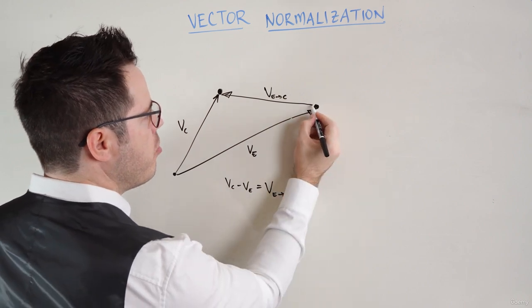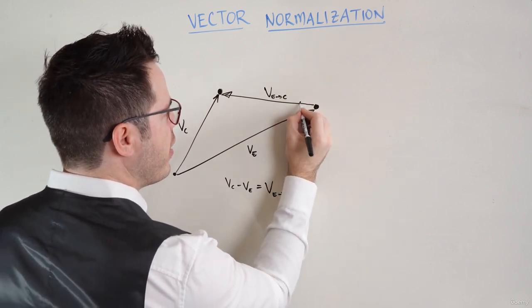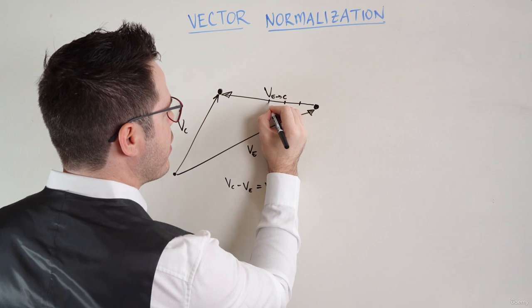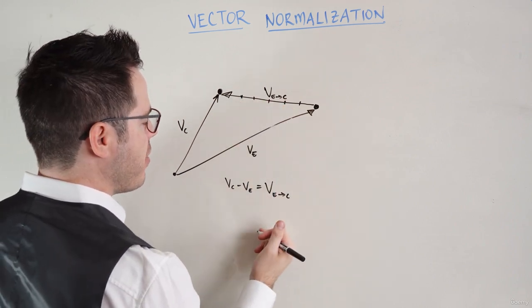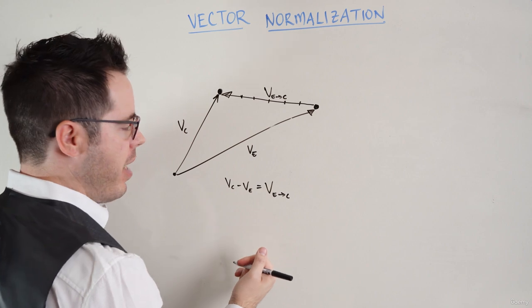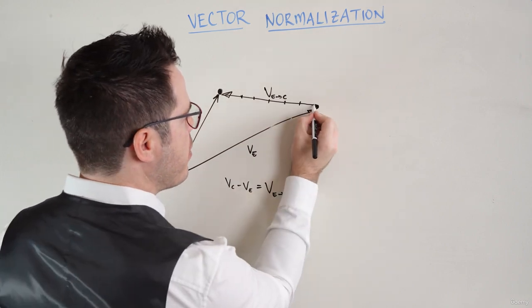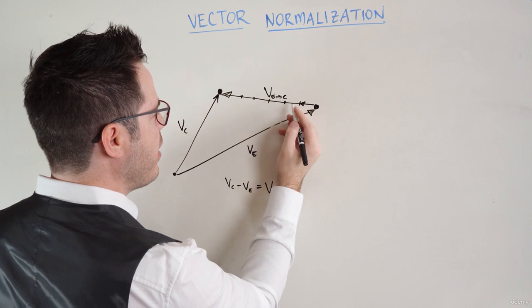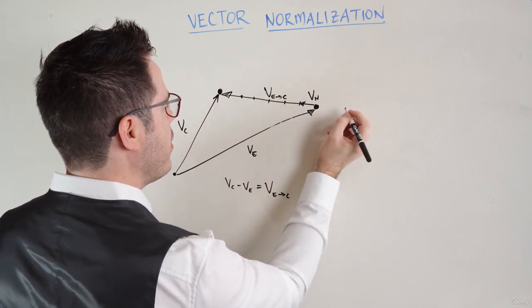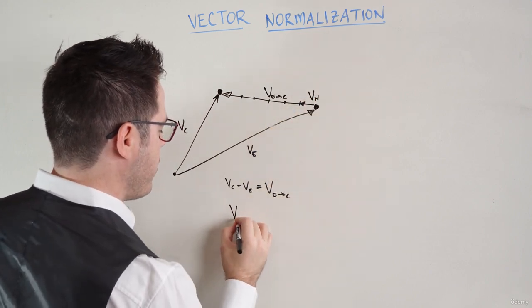Well, if we want to move our enemy 1 unit at a time, we need to normalize this vector. And we know that we can normalize this vector by dividing by its magnitude. In other words, this vector pointing in the same direction as v sub e to c, we'll call this v sub n, can be calculated as follows.